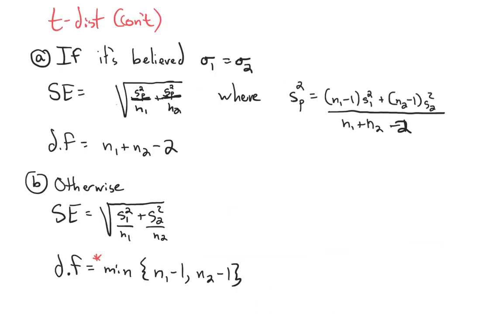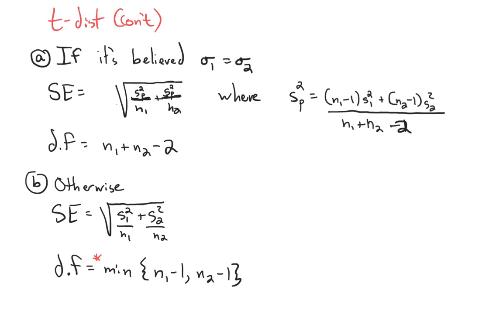All right. If we are in a t-distribution setup, as explained on the last slide, there's kind of two cases. The first is when we can believe that the standard deviations of both populations, population 1 and population 2, are equal.